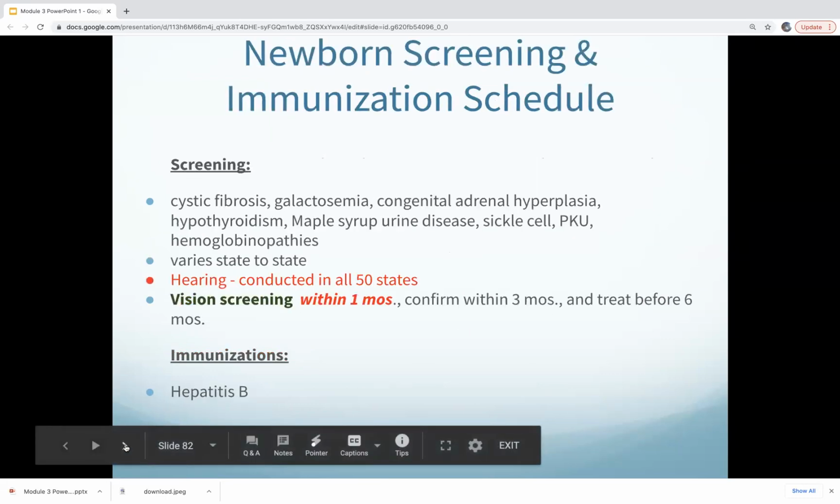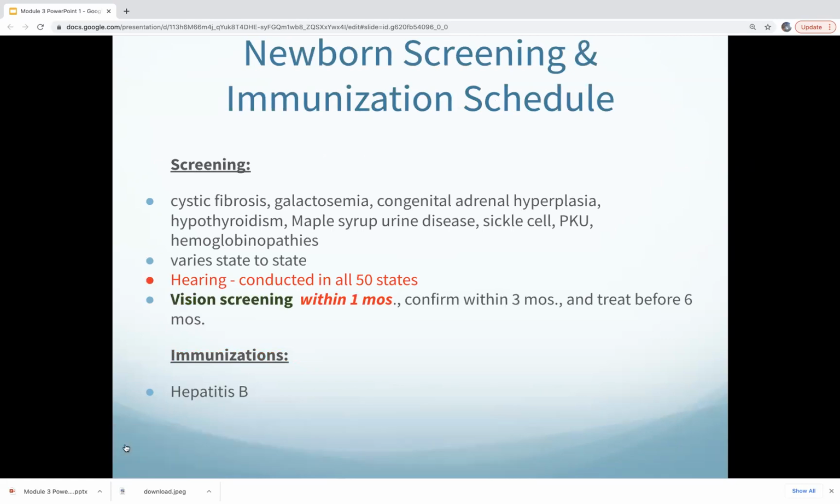Newborn screenings. I think we kind of talked about the immunizations. I don't get into the immunization schedule, so do not be memorizing the immunization schedule. That is for pediatrics. The screening that I want you to know that every newborn needs before they leave the hospital is hearing. That is conducted in all 50 states.